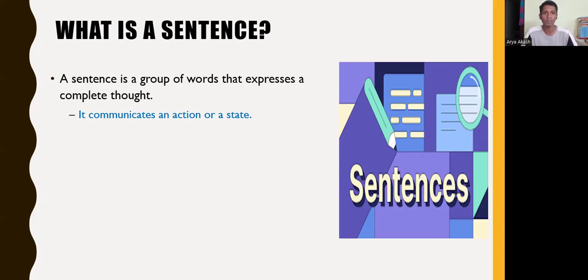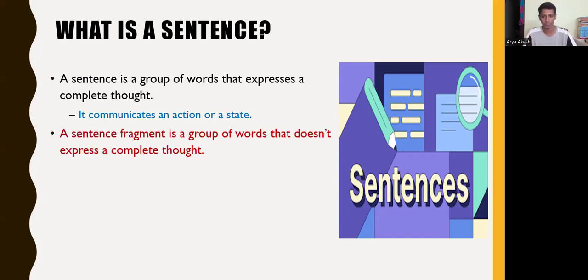To express a complete thought, we use a sentence. It communicates either an action or a state. A sentence fragment is a group of words that doesn't express a complete thought. It expresses what you want to communicate, but it is not a complete thought.